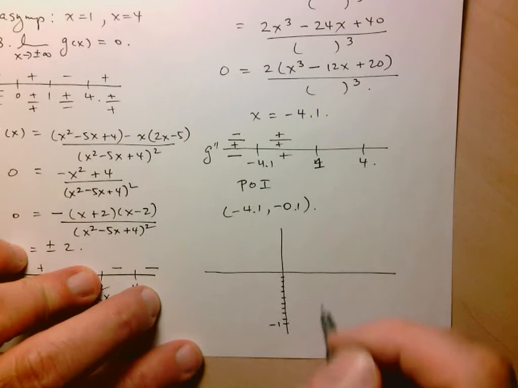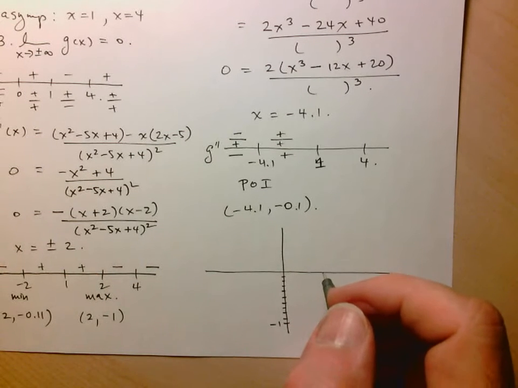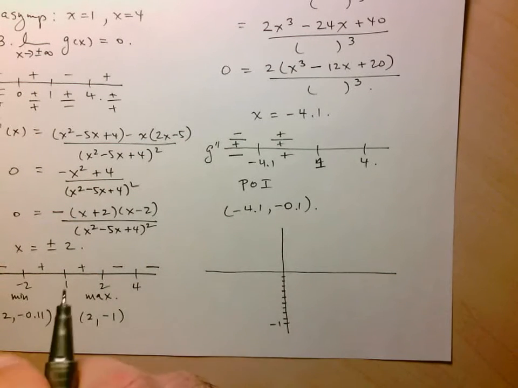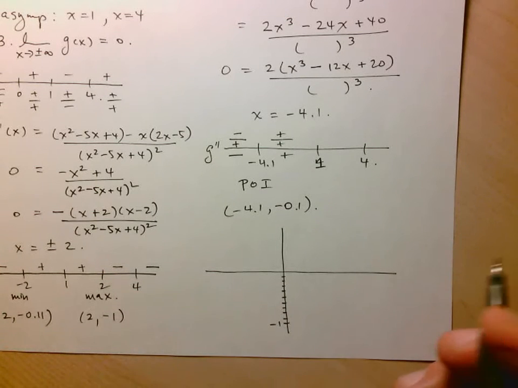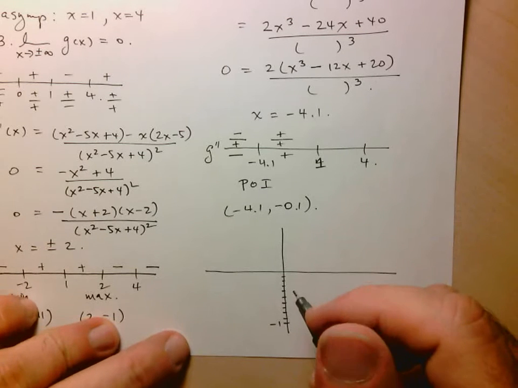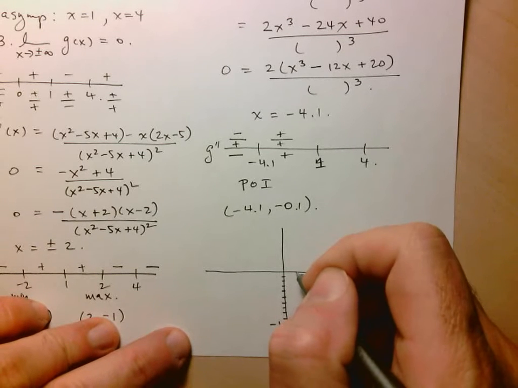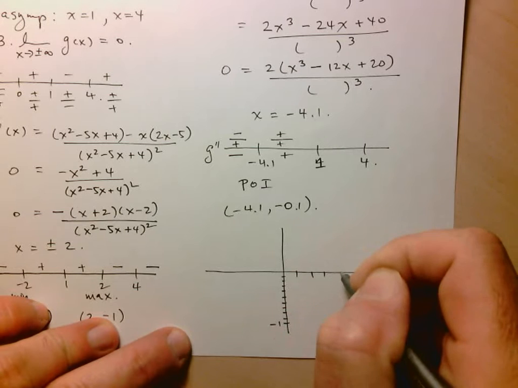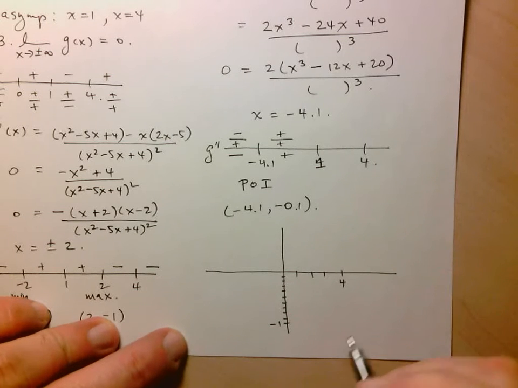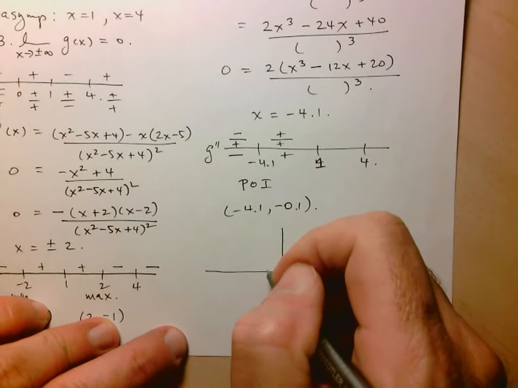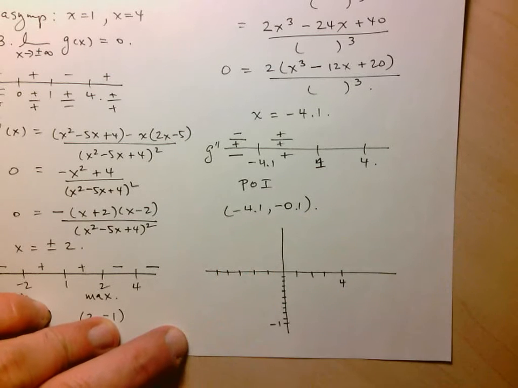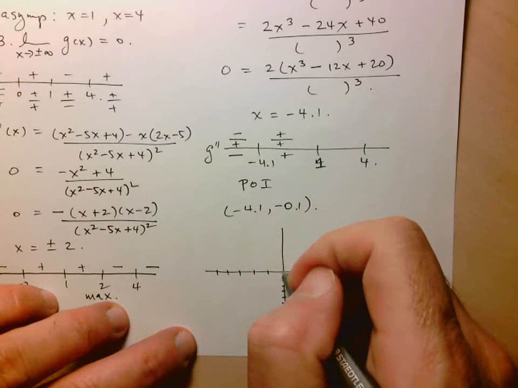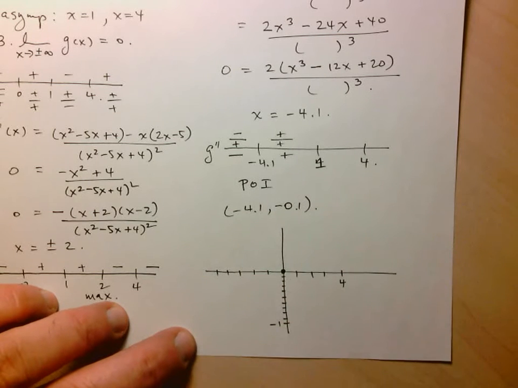We'll call this negative 1. Excuse me. And what do we need for our x values? So we need to go from 1, 2, 3, 4 to get in our vertical asymptotes, negative 1, 2, 3, 5. Okay, so here we have our x-intercept.